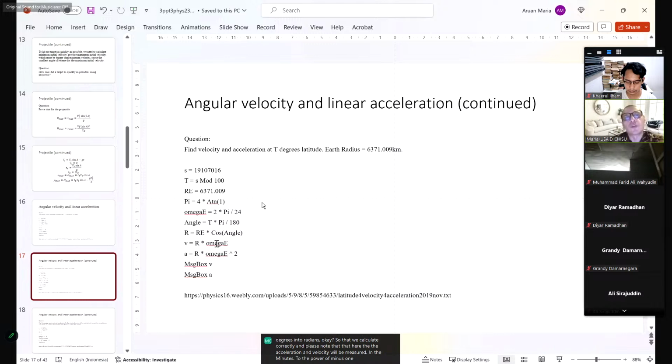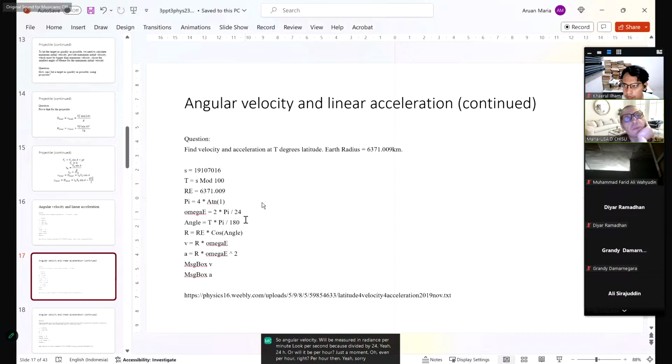Omega, which is angular velocity, will be measured in radians per hour, because it is divided by 24 hours.